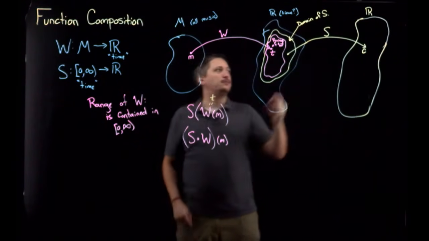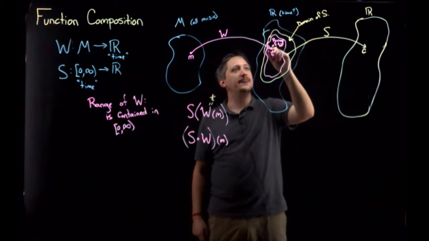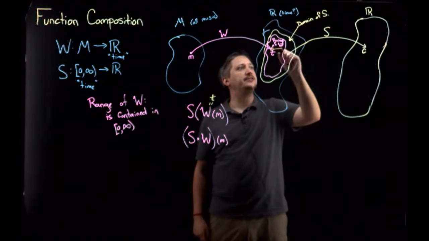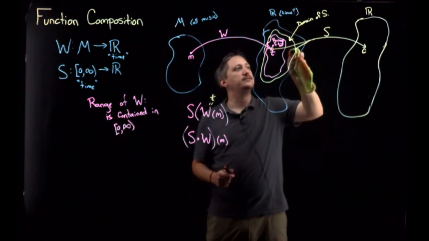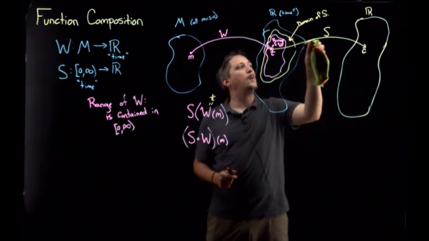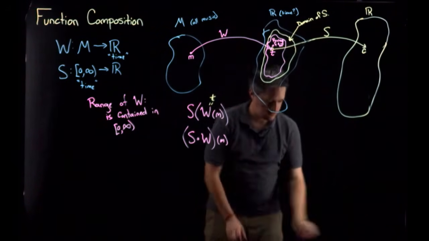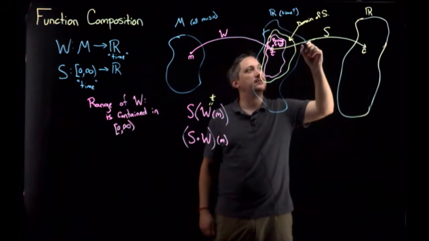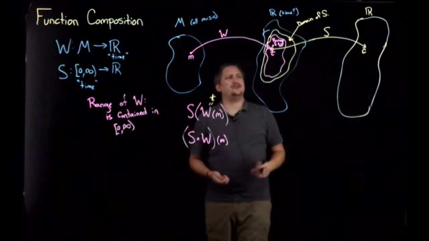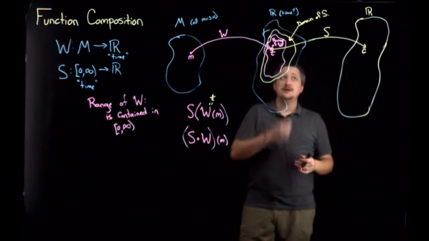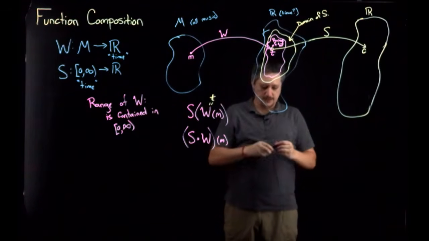So if I apply s to that, really what I'm doing is, instead of taking an arbitrary point, I'm taking that point and seeing where it goes. So let me erase this. Fix my curves, because I'm crazy like that. Circles, curves, that's what I meant. So if I do w of m, I'm going to land over here at t.